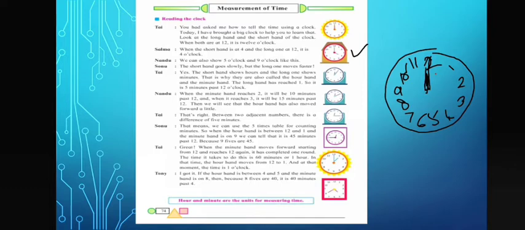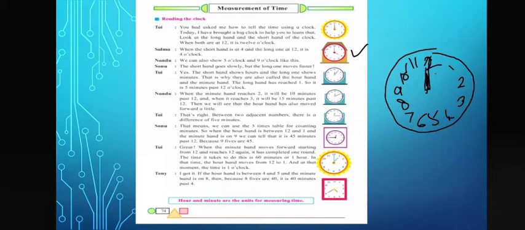That's right. Between two adjacent numbers, there is a difference of 5 minutes. Means between 1, 2, 3, 4, 5, there is a difference of 5 minutes. So we can use the 5 times table for counting minutes.